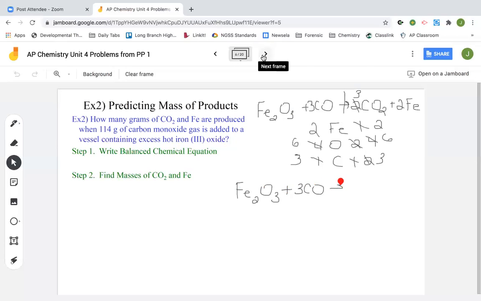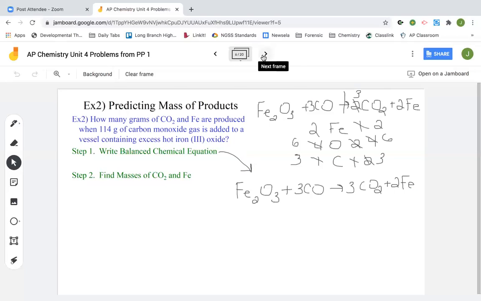And remember, these coefficients are what we're going to use in our stoichiometry problems to go from grams of one substance to grams of another substance. So we found the balanced chemical equation. Now we need to find the masses of carbon dioxide and iron. So we need to find the masses of both of our products.